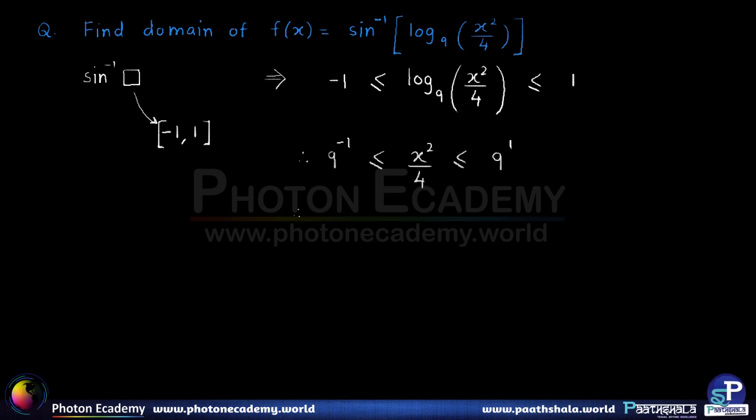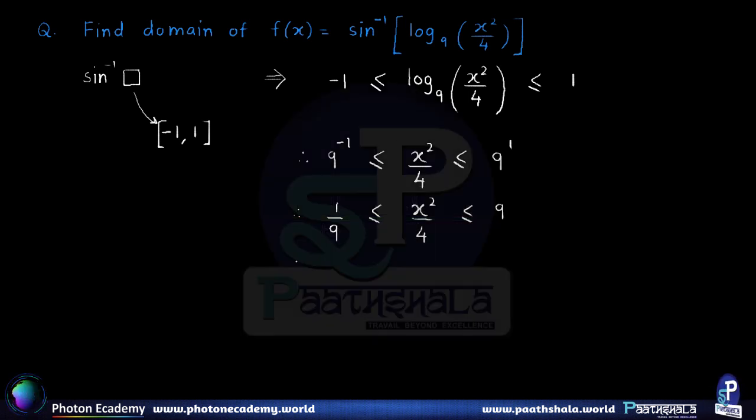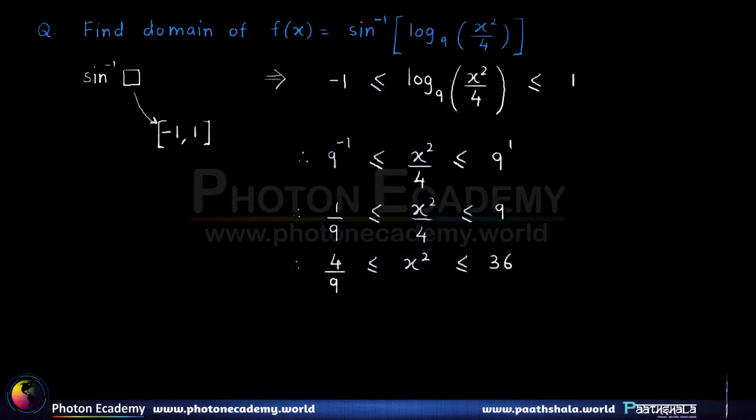So in other words, we have 1 upon 9 less than or equal to x square by 4 less than or equal to 9. Then multiplying throughout by 4 because we have to get rid of this 4 in the middle term, we have 4 by 9 less than or equal to x square less than or equal to 36. Now when we take the square root, we have to be careful.